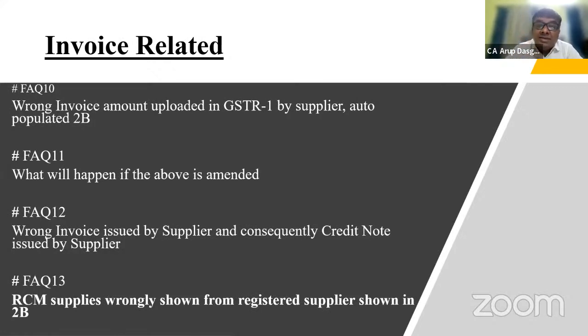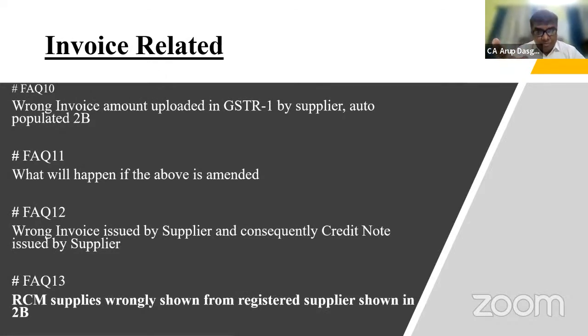Now, you will ask me why am I showing it in temporary reversal? Please appreciate that this 10,000 is going to be amended by the supplier, if it is in the timeline. If it is not in the timeline, then it's a different story. But normally, if it is in the timeline, he is going to amend that particular invoice.